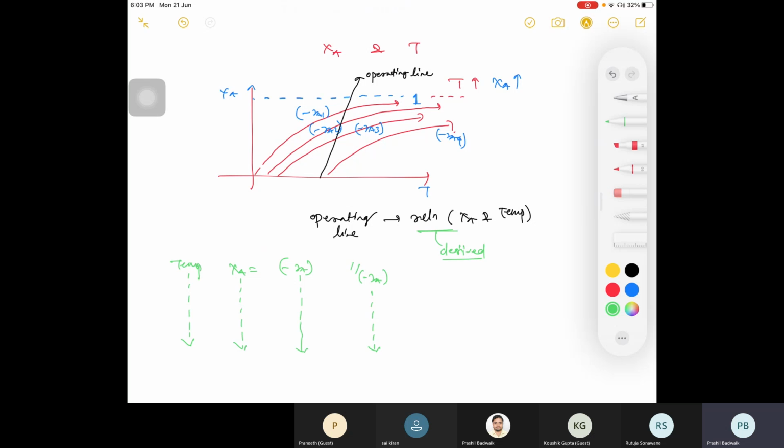Kaushik, how can you get? This is your operating line. कैसे मिलेगा? Anyone? From the experimental values of coordinates.